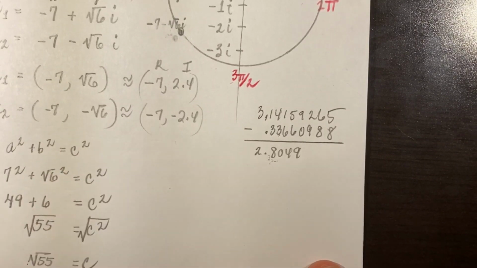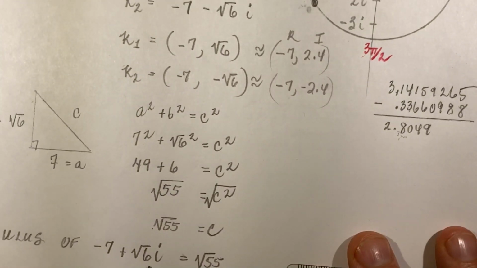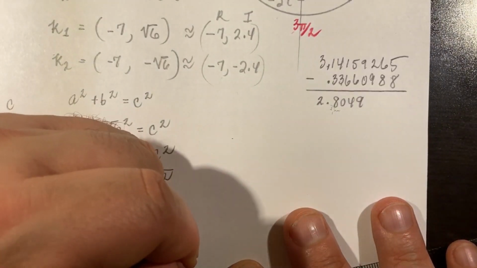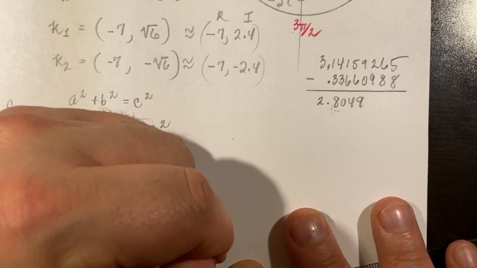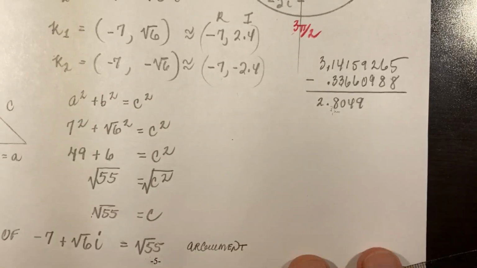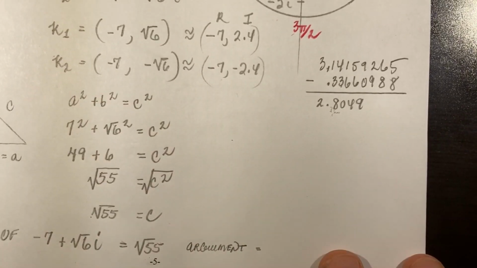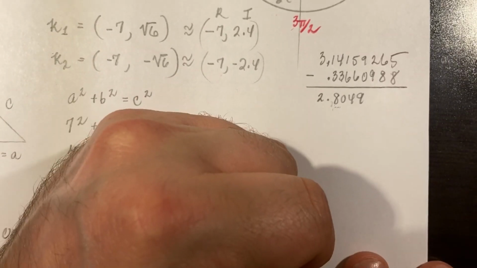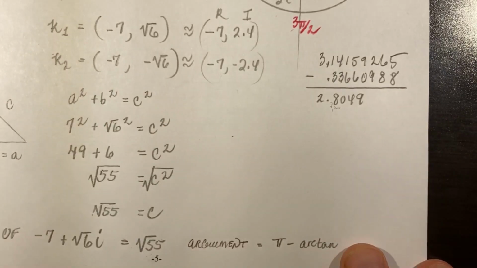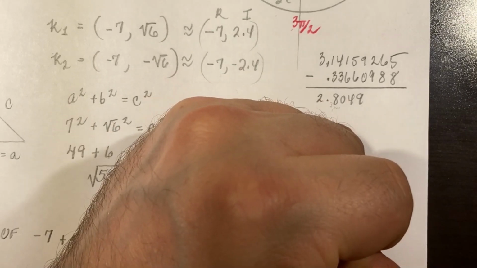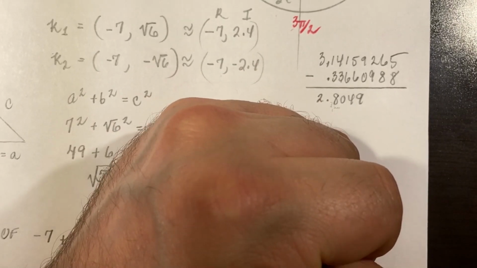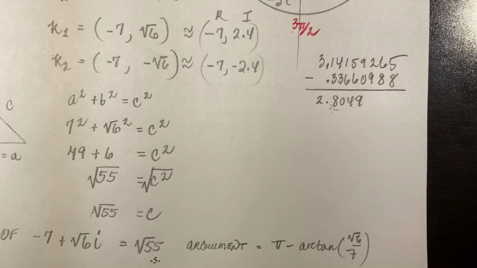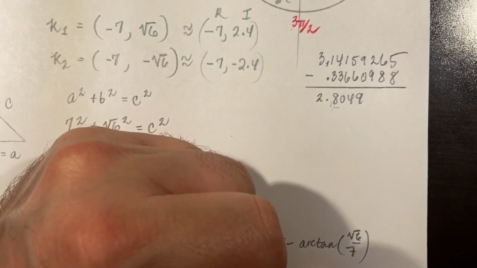So the modulus of this thing, -7 plus square root 6i, is the square root of 55, and the argument is equal to, I like to write it in exact terms, pi minus the arctangent of square root 6 over 7, since we're subtracting it already.